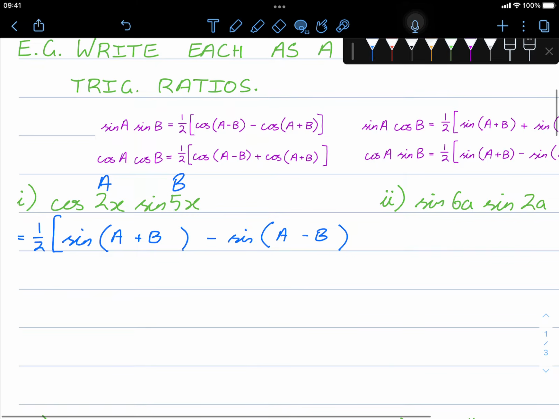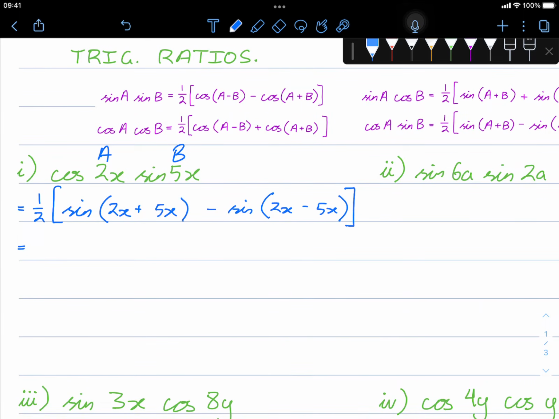Now from here, we just simply place in the values. So A is 2x, B is 5x, and likewise for this one here as well. That's 2x, 5x. Simplifying this, it's nice and simple.